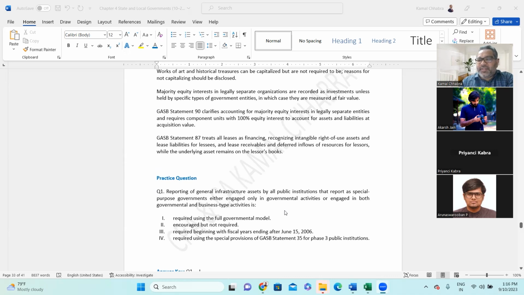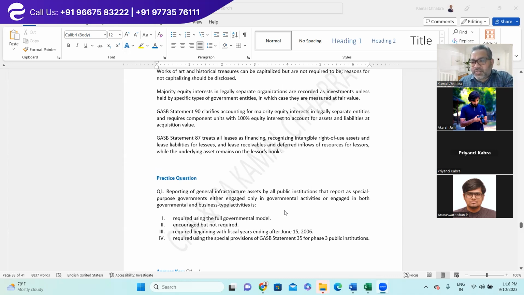Are you guys here? Ayush, Akash, Fancy, Arun? Yeah. So the question is reporting of general infrastructure asset by all public institutions that report as a special purpose government either engaged only in the governmental activity or engaged in both governmental and business type activity.